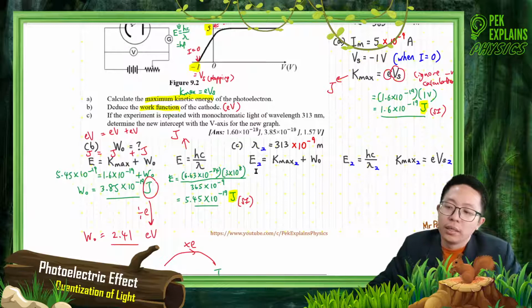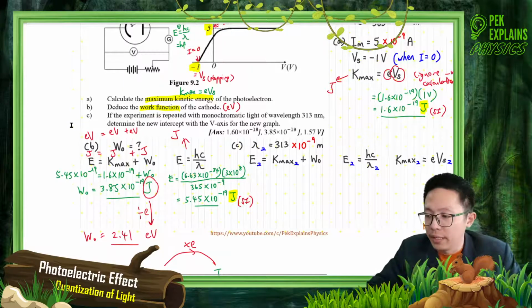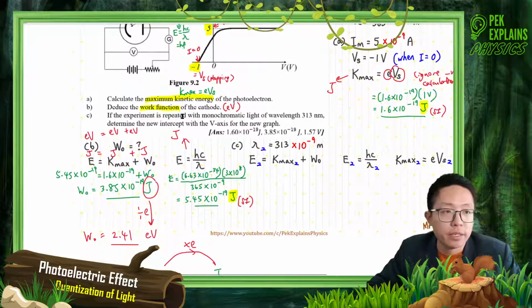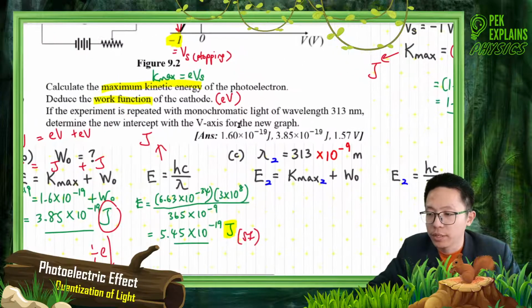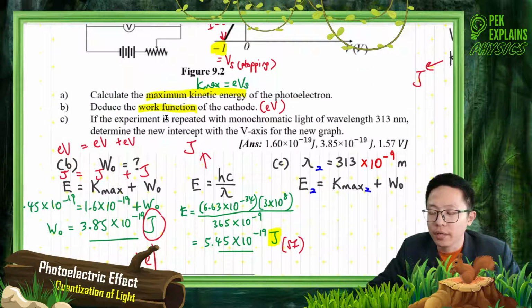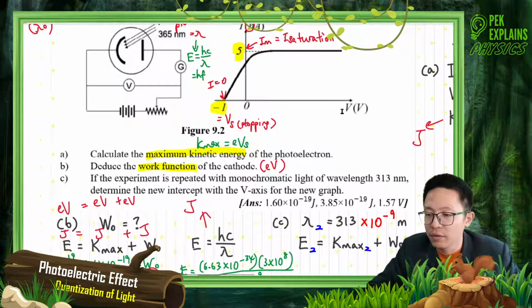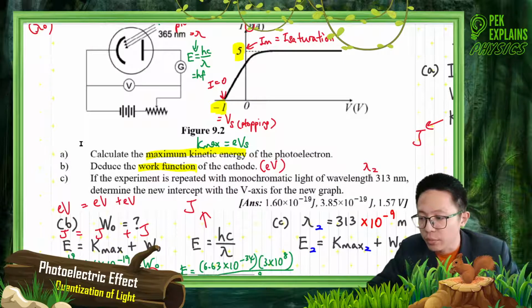Now, look at the final question. If the experiment is repeated with a monochromatic light of wavelength 313 nanometer, determine the new intercept with the V-axis for the new graph. So now we have lambda 2 here. We want to find the new intercept.